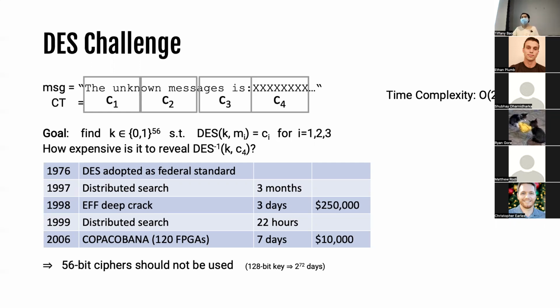Because we have to try all different keys, we have to try 2 to the 56 times. However, given current parallel computing power, brute forcing that key is not that hard. If you look at my chart, in year 2006, you probably only needed 7 days to find the right key.